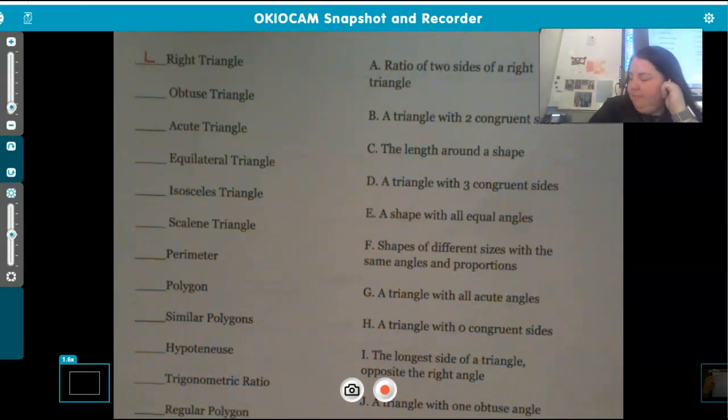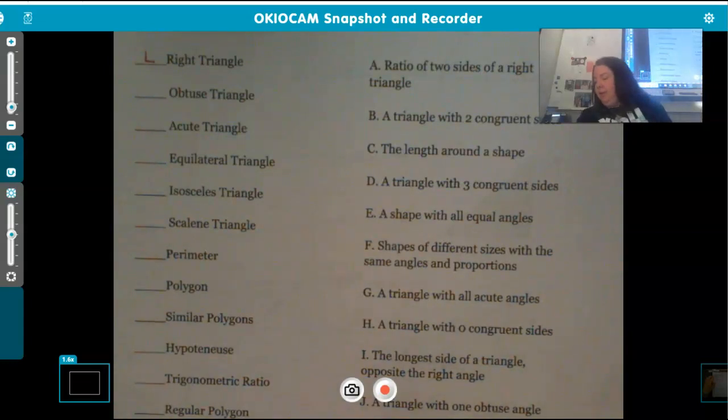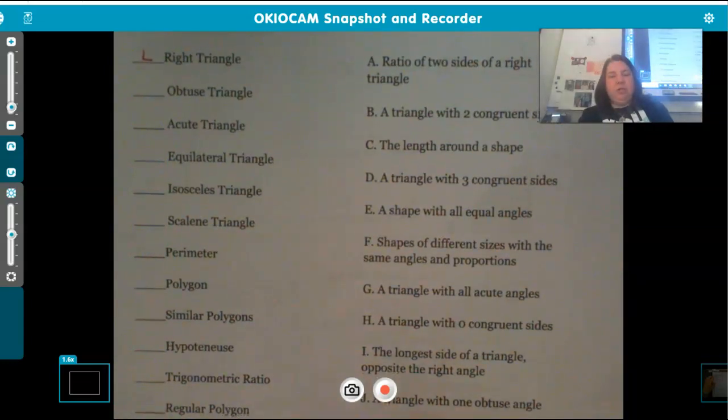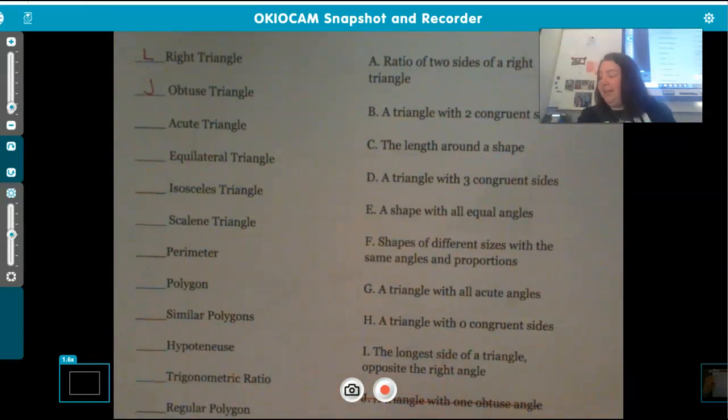Somebody help a friend out. J. A triangle with one obtuse angle is an obtuse triangle.